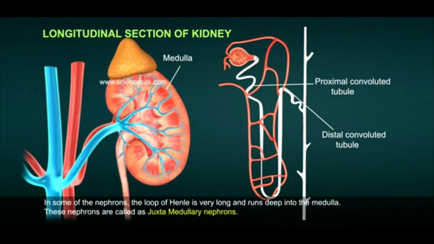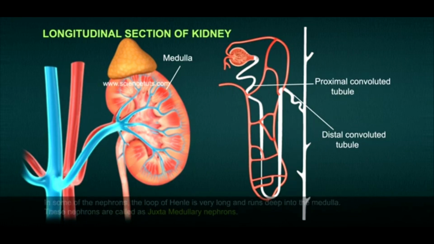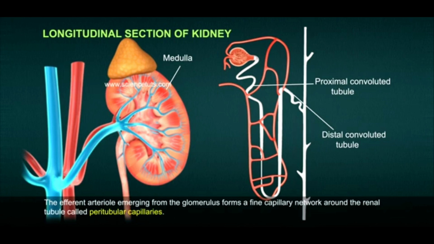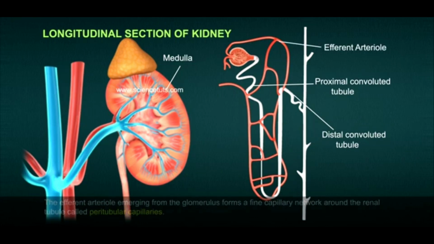These nephrons are called juxtamedullary nephrons. The efferent arteriole emerging from the glomerulus forms a fine capillary network around the renal tubule called peritubular capillaries.